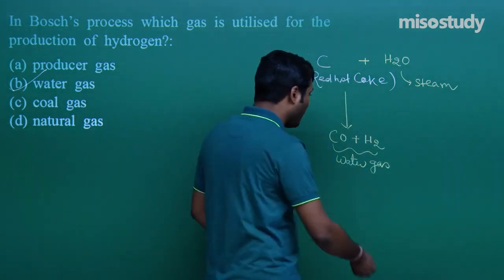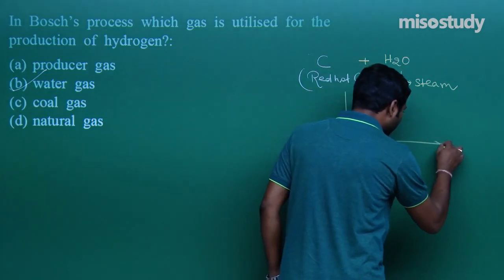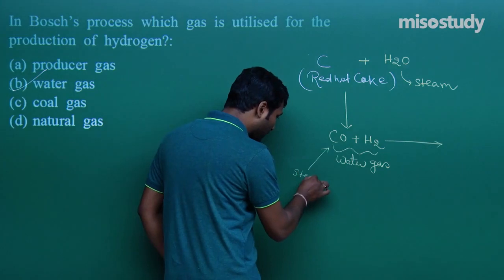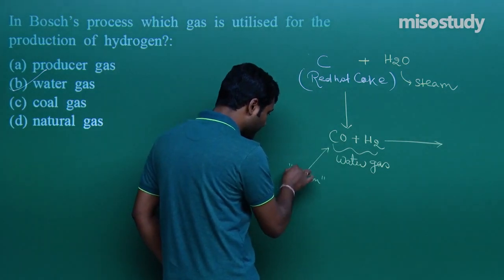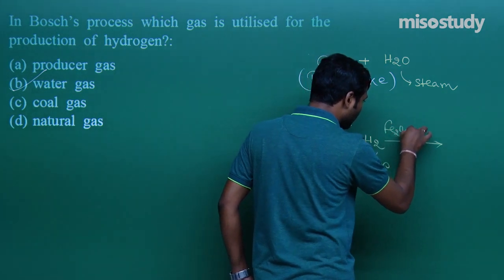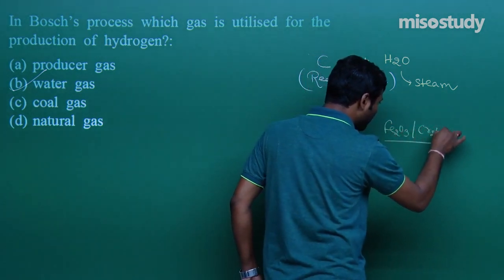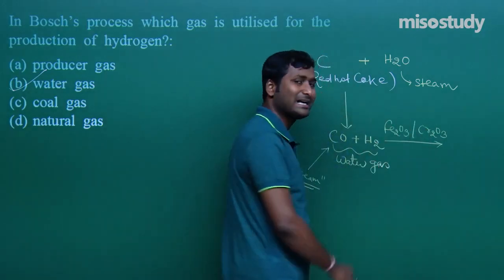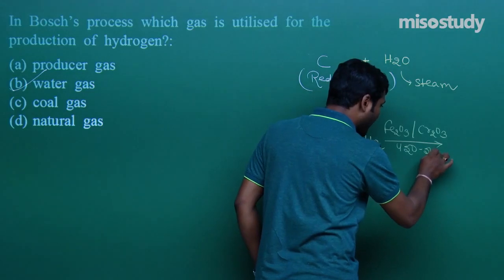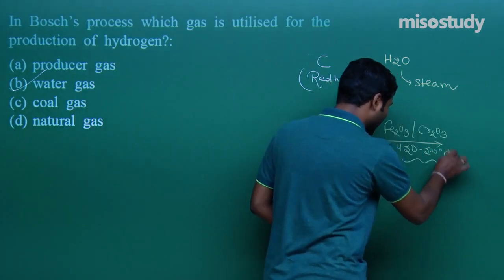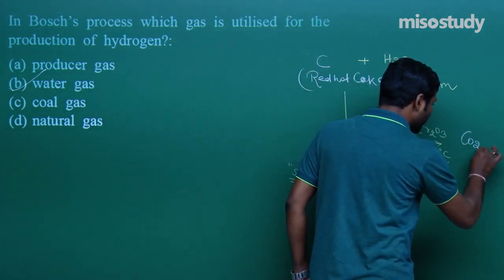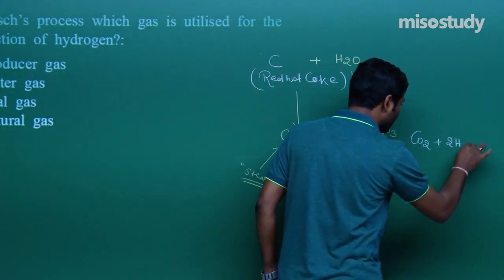Clear? Now, when the mixture is treated with double its volume of steam in the presence of Fe2O3 or Cr2O3, which will act as a catalyst, at a temperature of 450 to 500 degrees Celsius, then what will happen in this case? It will form CO2 plus H2.